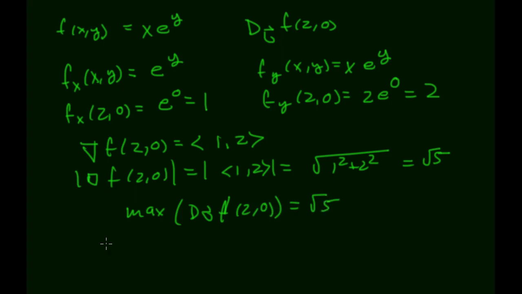And in what direction is that happening? It happens in the direction 1, 2, because that's the direction of the gradient at 2, 0. Hence, that's why it's called the gradient. But usually we give that as a unit vector, so we're going to divide that by the magnitude. So it's going to be 1 over root 5, 2 over root 5 is the unit vector that gives the direction of the maximal value of the directional derivative.